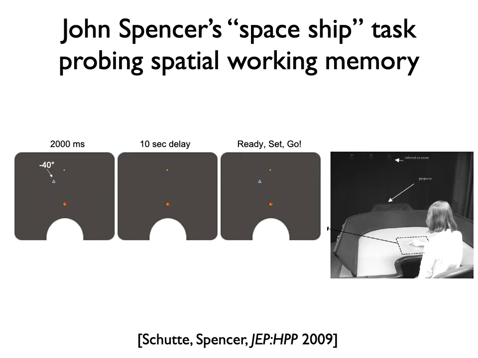And this is from Anchati's thesis data, where she had children of various ages from 3 to 10, I believe, point to a location in a workspace at which a stimulus that was supposed to be a spaceship was shown previously. So, for instance, the finger would initially be here, and this is where the spaceship appears, and then a delay is imposed in various ways.